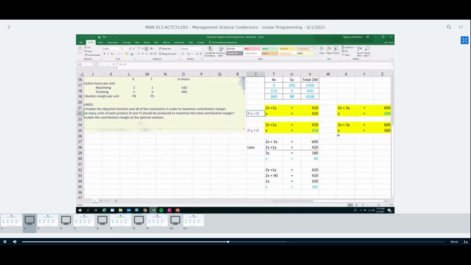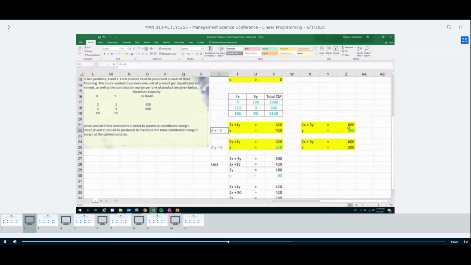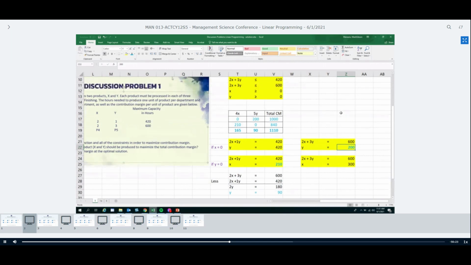Ngayon, since meron tayong dalawang equations, ang tandaan lang natin palagi is kunin yung lower value. Pag-usapan natin, bakit ba kailangan yung lower value? The reason why we use the lower value is to make sure that we still comply with the constraints. No?